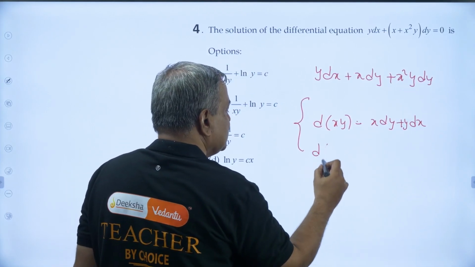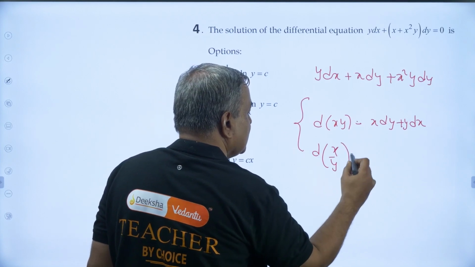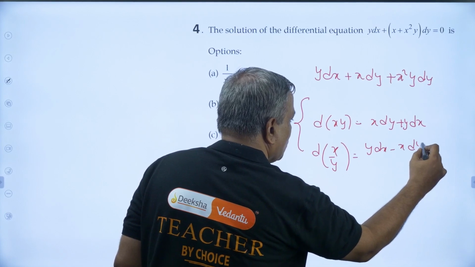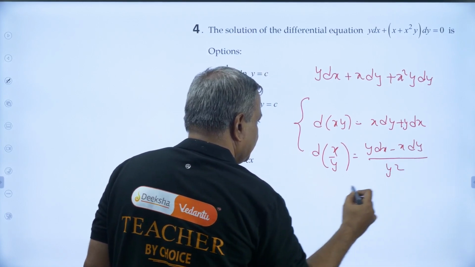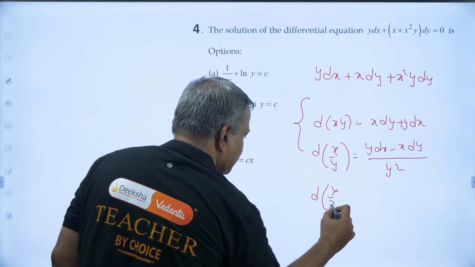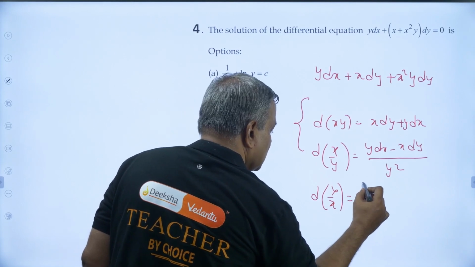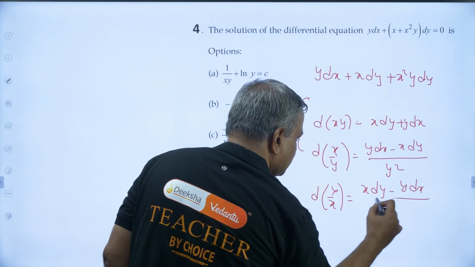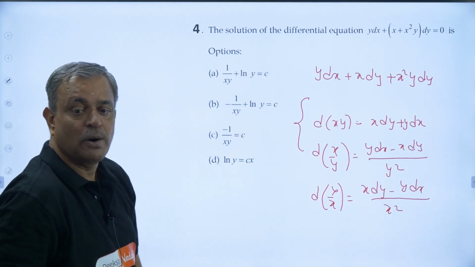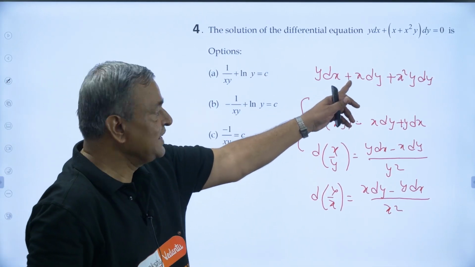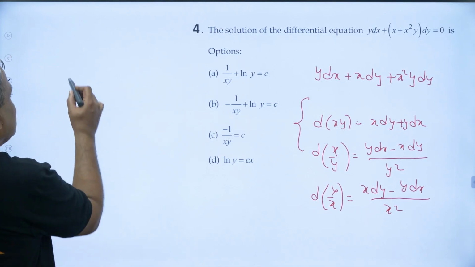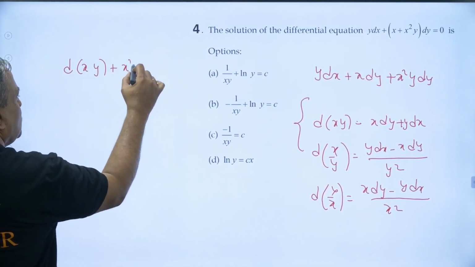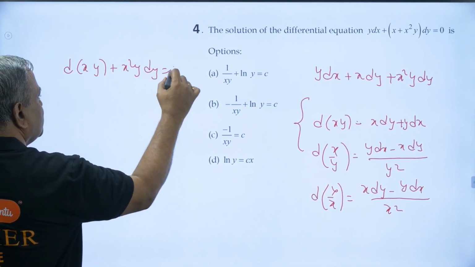Similarly, d of x by y is equal to y dx minus x dy, quotient rule, divided by y square. So d of y by x is equal to x dy minus y dx by x square. These are the three formulae we majorly use. So y dx plus x dy is nothing but d of xy, plus x square y dy is equal to 0.